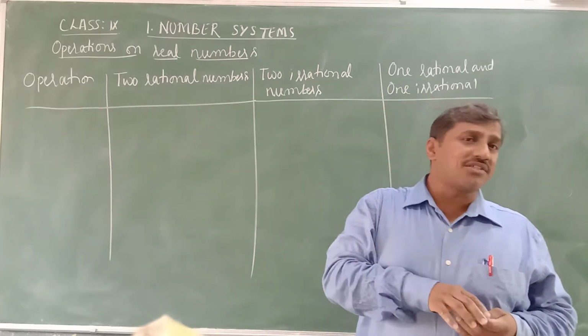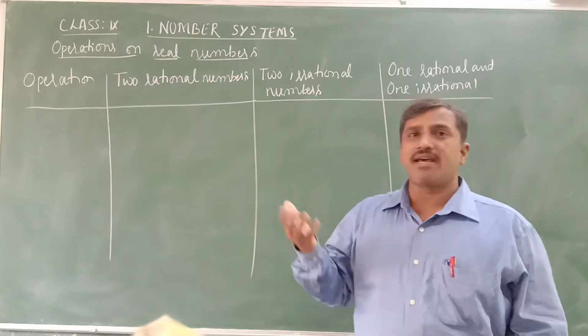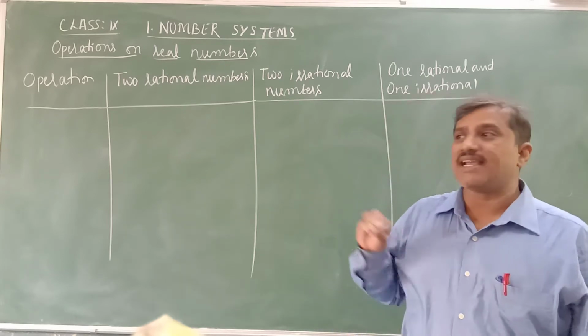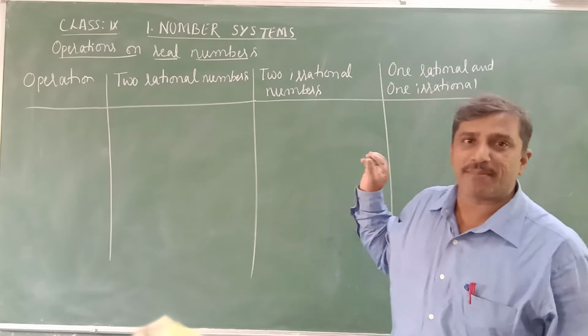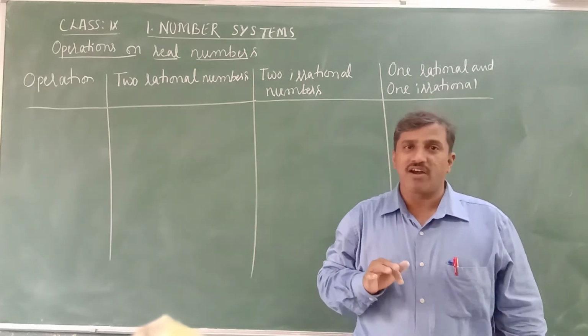And also we have studied that rational numbers are closed under multiplication, addition, subtraction and even division, except for 0. Thus the closure property is satisfied by rational numbers.